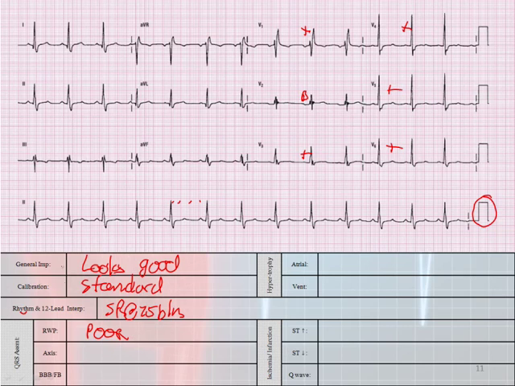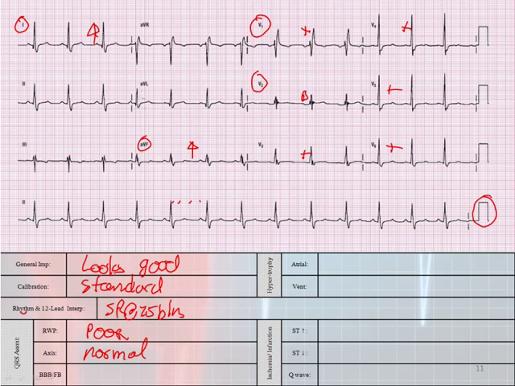My axis, I'm going to use the shortcut method. I'm going to look up here at lead 1, and I'm going to look here at lead AVF. 1 is up, AVF appears to be up, so since these two leads are pointed up, I'm going to say I have a normal axis. Now I can start talking about bundle branch blocks. If you want to look at bundle branch blocks, the first place you have to look is V1 and V2.